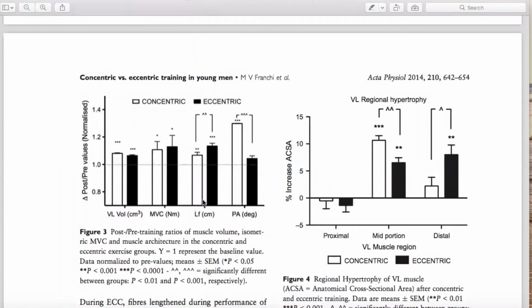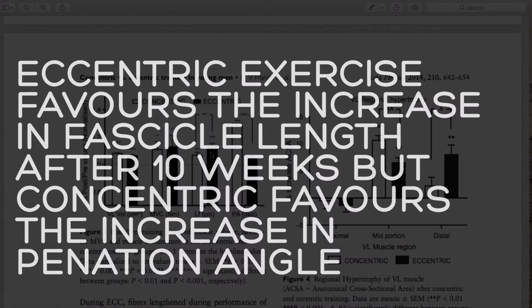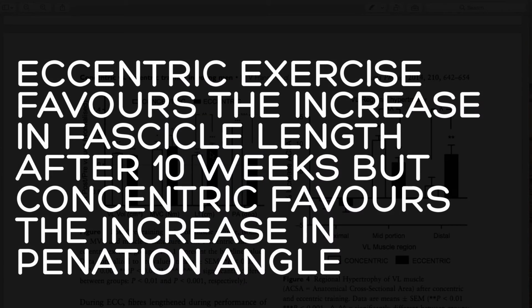The architectural responses to eccentric and concentric exercise were almost diametrically opposite. It looks like eccentric exercise favors the increase in fascicle length after 10 weeks, and concentric exercise favors instead the increase in pennation angle.